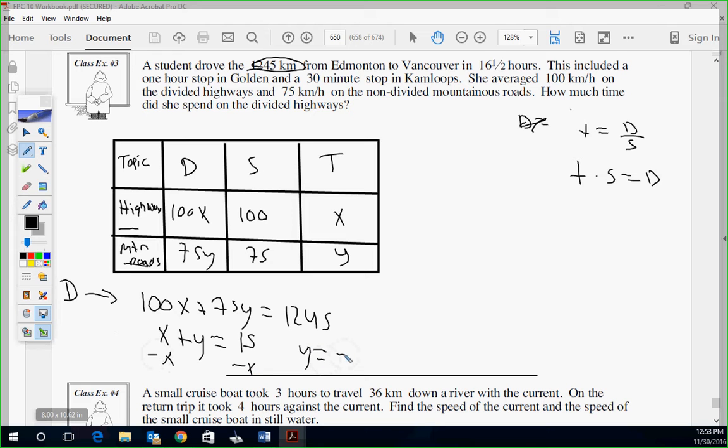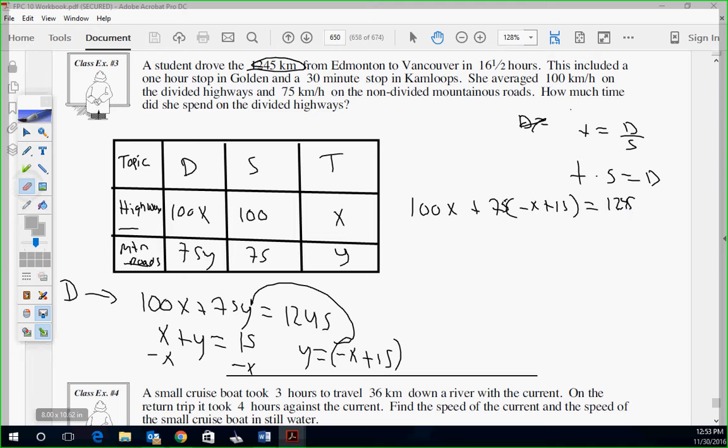So y equals negative x plus 15. I take that and put it there for the y. So here we go: 100x plus 75 times negative x plus 15 equals 1245. Okay, so then we have to distribute.